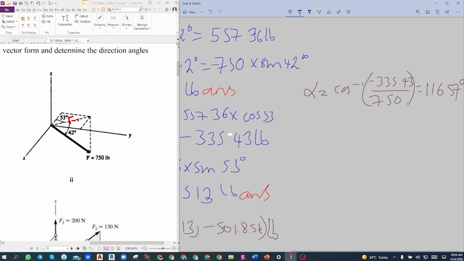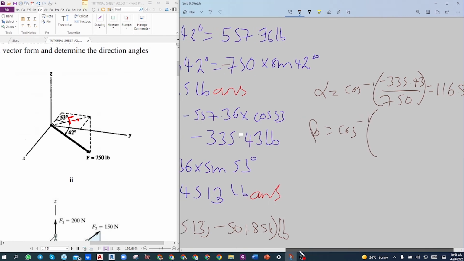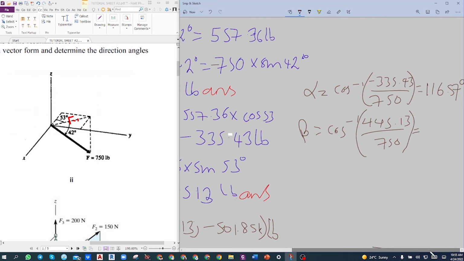So this is coming to 116.57 degrees. Beta is equal to cos inverse of what we had here, which is 445.13 over 750.